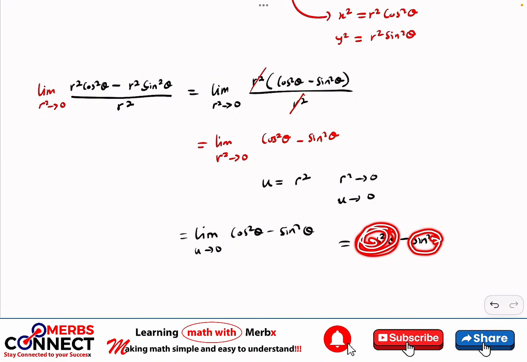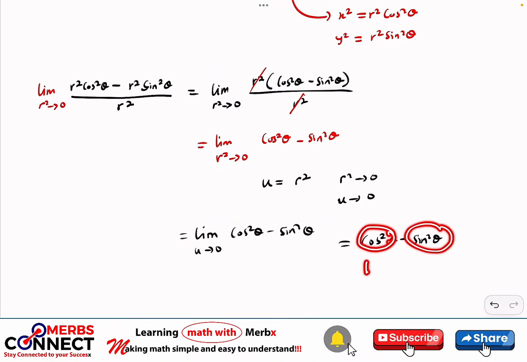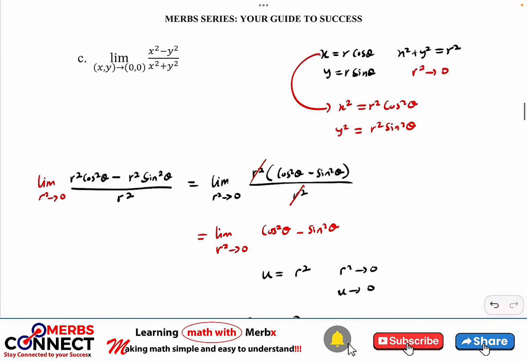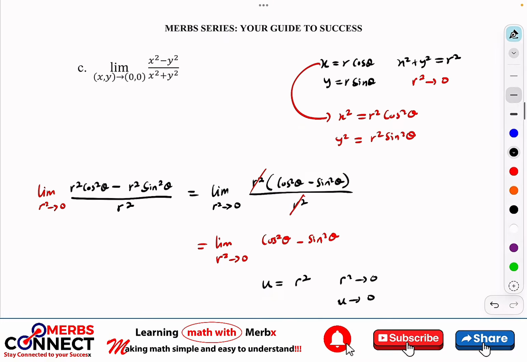So this gives us minus 1 as the limit. Now if we change theta to pi, cos pi is minus 1, and minus 1 squared is 1, and sin pi is 0, so we get 1. So you see, the first one was minus 1, this one was 1. So the limit changes, which means this limit does not exist.